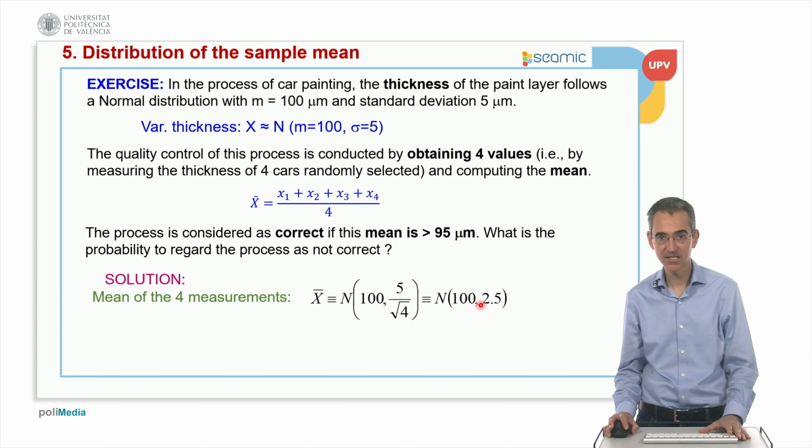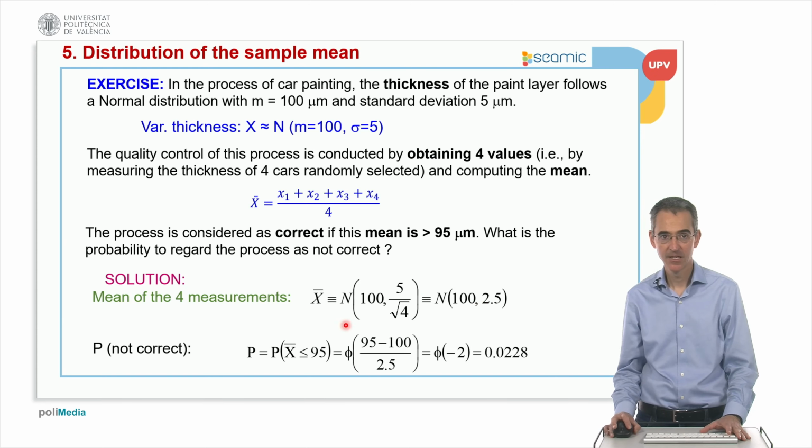So this is the distribution of the sample mean. The probability of not being correct is the probability of the sample mean being less than 95. So we standardize, and then we look this value up in the normal table, and then we finally have a probability of about 2.3%.